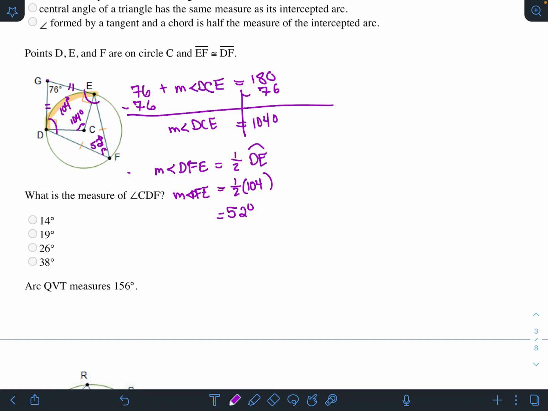We're almost there. The last thing to notice is that these angles GDF and GEF are congruent, and the total measure of the interior angles of a quadrilateral is going to be 360 degrees. So setting up my equation to solve, I get 76, and since I don't know what these two angles are, we'll just call them x. I know they're going to be the same. So plus x, and plus 52 is equal to 360.